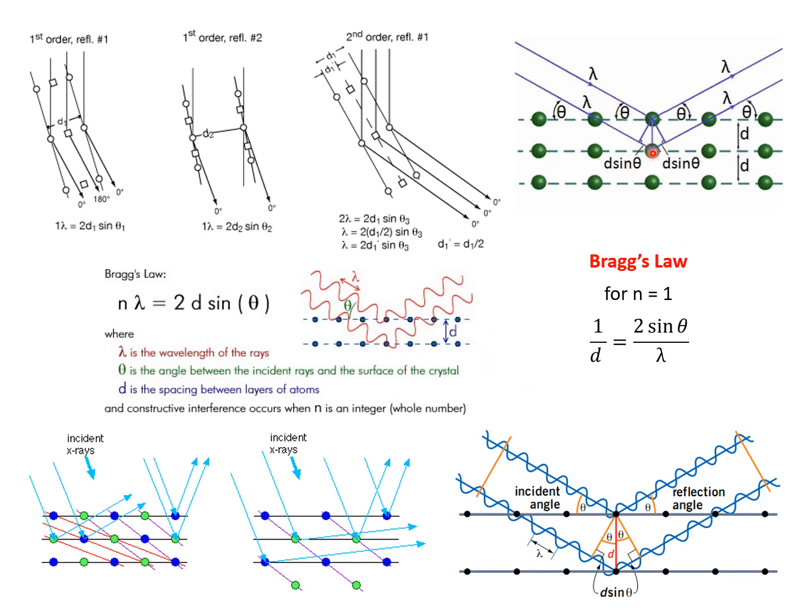So d sine theta and d sine theta. And so long as that path length is some multiple of the wavelength of the radiation, we have a strong, coherent, constructively augmented, if you like, signal coming off.